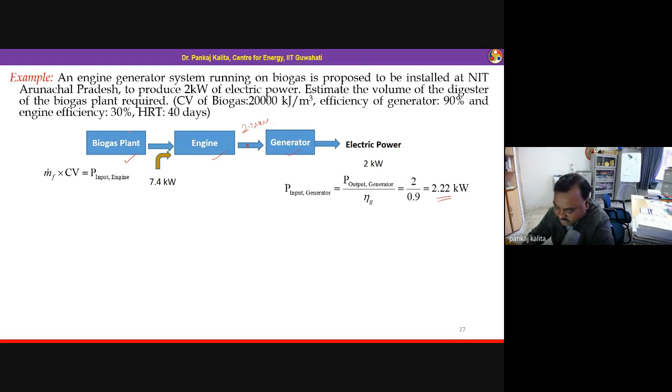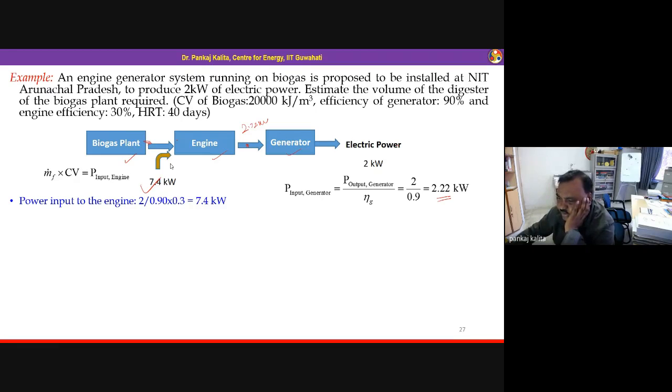This is the amount of biogas energy. From that we can calculate the mass flow times CV of the feedstock, which is equal to the power input to the engine, and from that we can calculate the mass flow required. The power input to the engine will be 2 divided by 0.9 divided by 0.3, because the generator efficiency is 90%, so we get 7.4, as shown here.